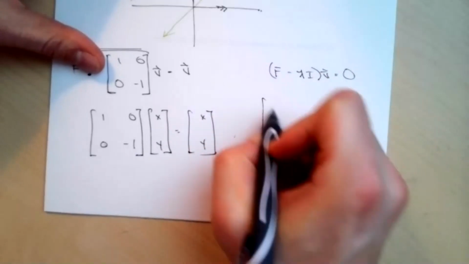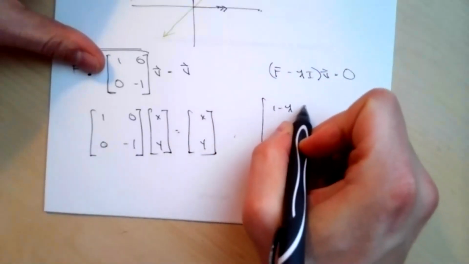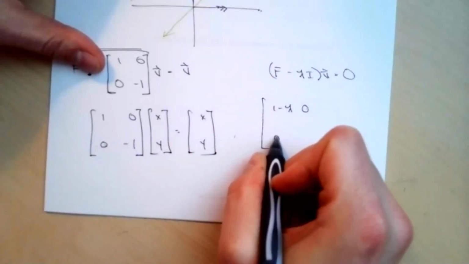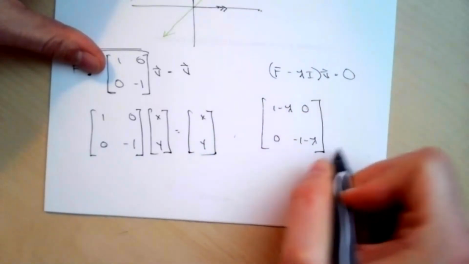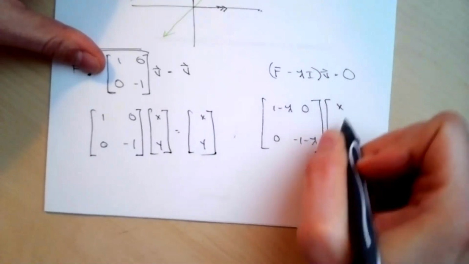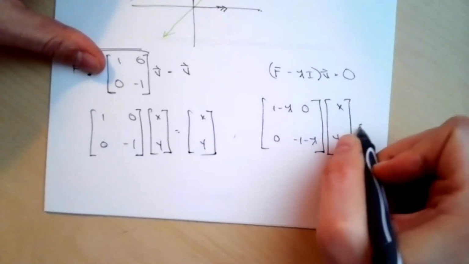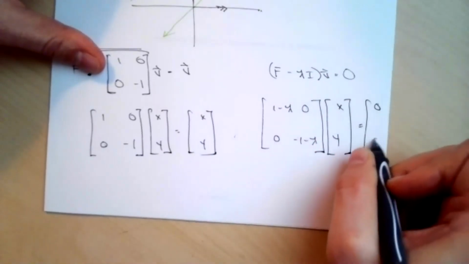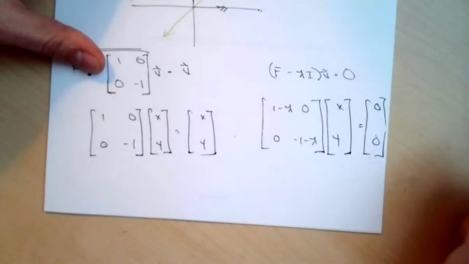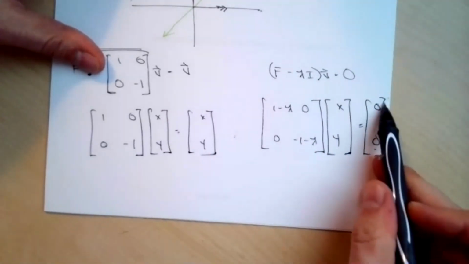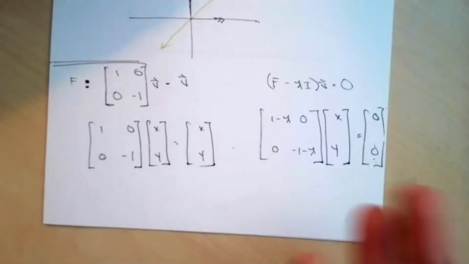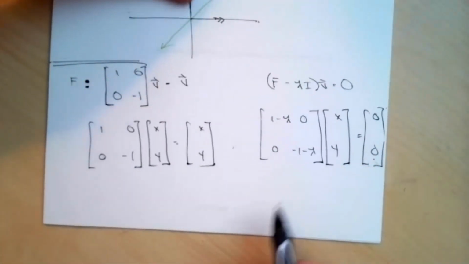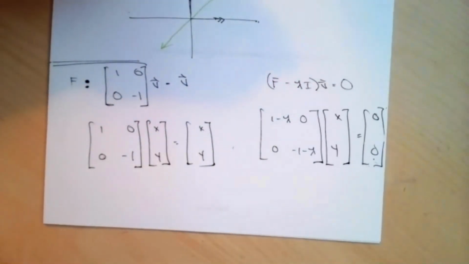Namely, what this is going to say is the matrix 1 minus lambda, 0, 0, -1 minus lambda, times our v, x y, is equal to 0, 0. And now this one, since my constant vector is constants, this b, we can use our row reductions to solve this.